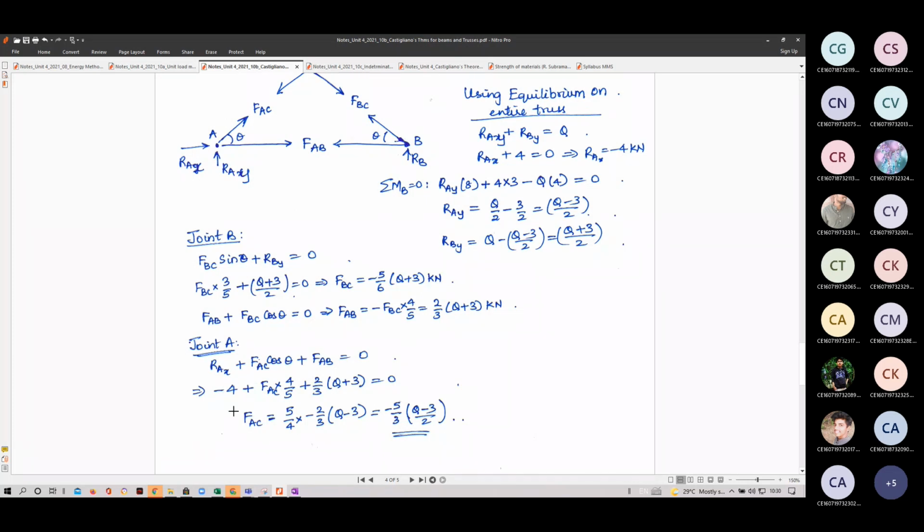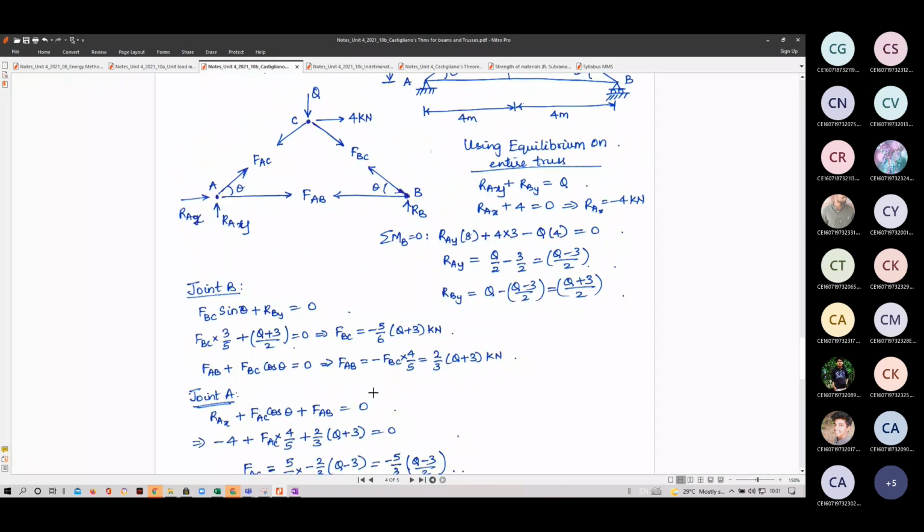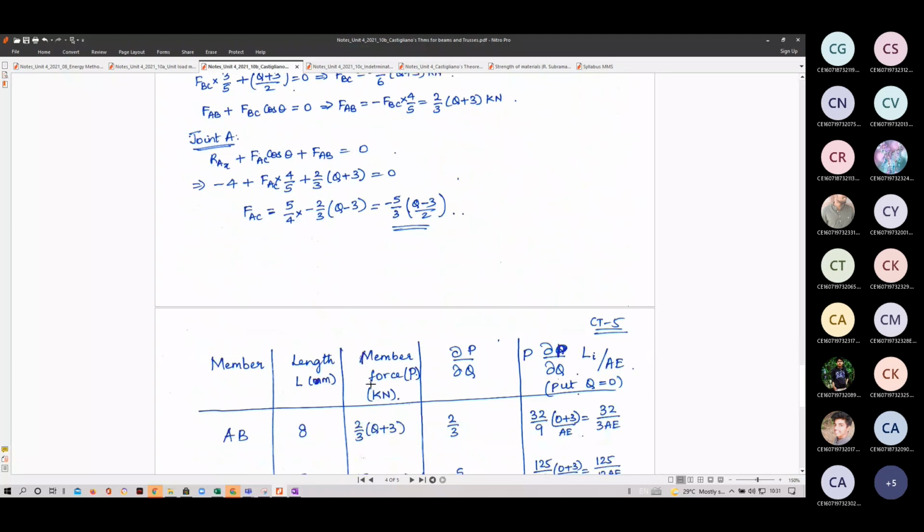R_Ax is minus 4, F_AC into cos theta is F_AC into 4 by 5, plus F_AB, which we found from the previous step. Now you simplify, you will get F_AC. So all three member forces we have found.